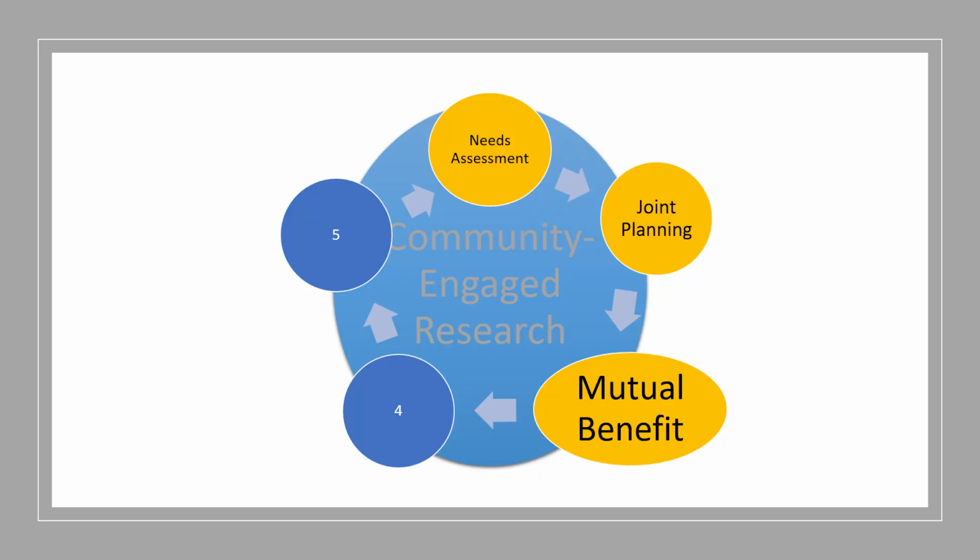The next step that we look at is finding a point of overlap called mutual benefit, where both partners can see that they're going to benefit from this kind of a strange partnership that occurs when you bring two people together that usually don't work together. In our case, it really wasn't that tough because we both were dental organizations and we had a real tight goal of what we were after.